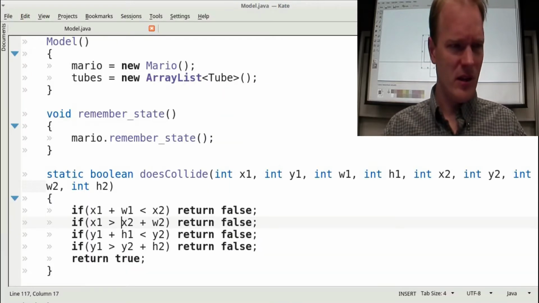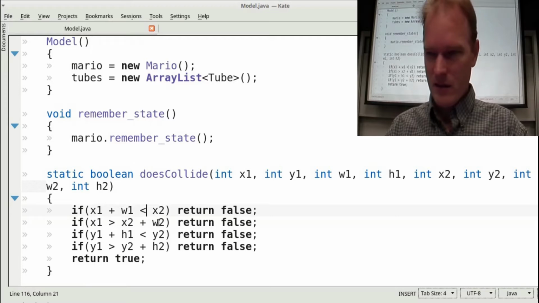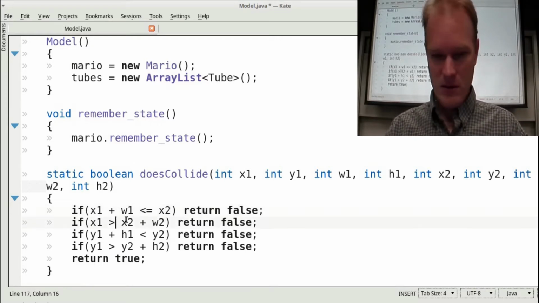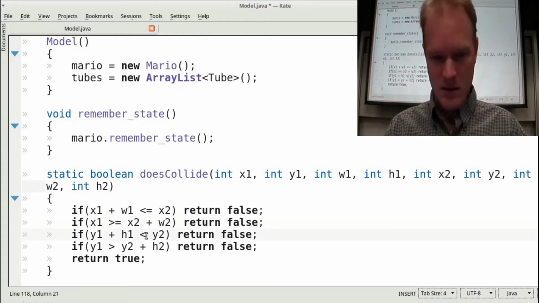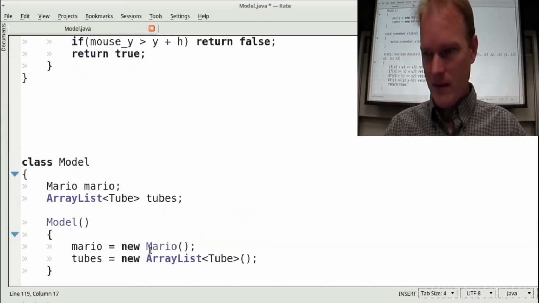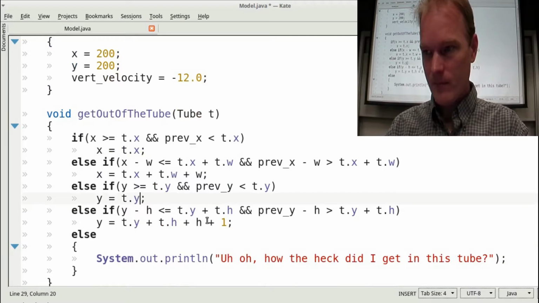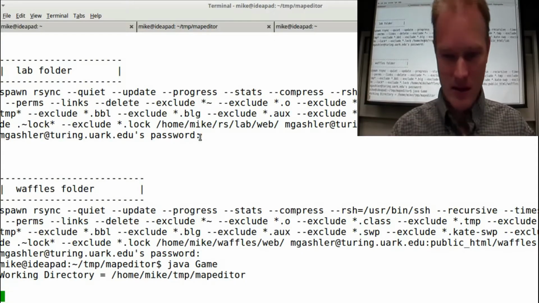So I should probably come up here to this and say, if it's less than or equal to, return false. If I do that, now I don't need these plus ones and minus ones. Let's see if that works, just because we can.